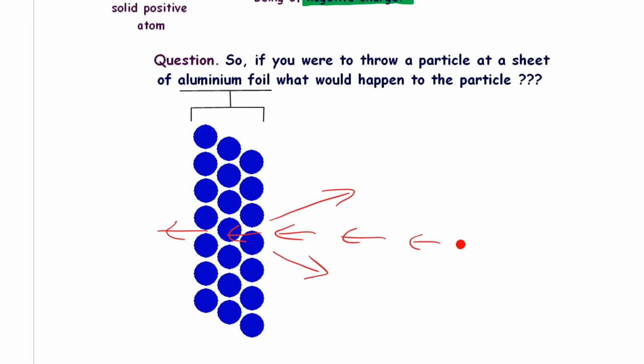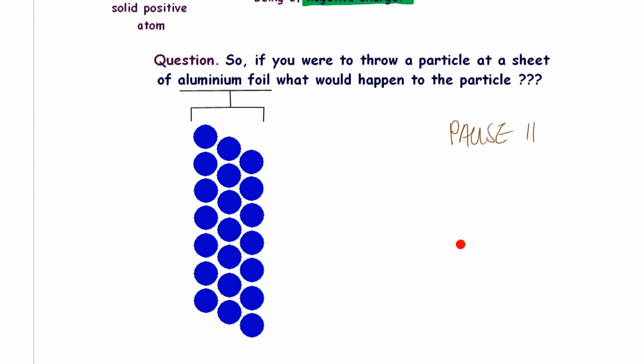So that's for you to do. I'd just like you to pause the video now and draw down what you think will happen. It doesn't matter if you're right or wrong. I just want you thinking. Pause the video now, please.